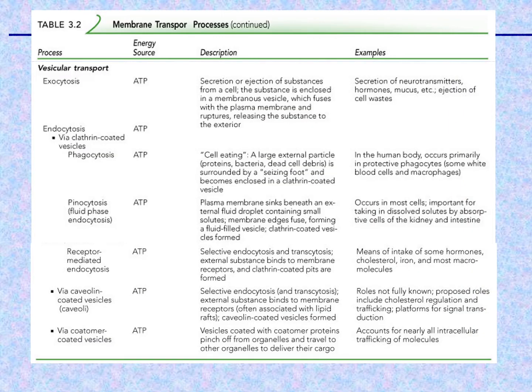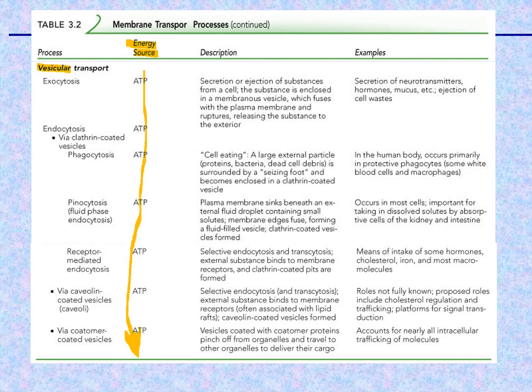Now, a further classification of transport is not just by movement of individual types of ions or charged particles or individual molecules, but involves a larger structure called a vesicle. This is also an active transport mechanism. All of these types of vesicular transport require ATP, so all of them are active transport mechanisms.